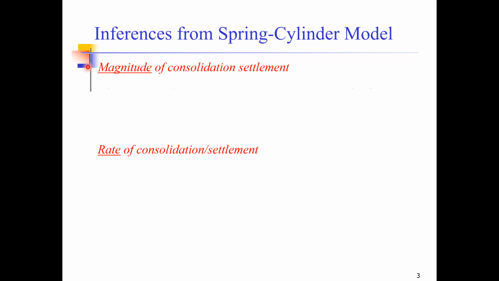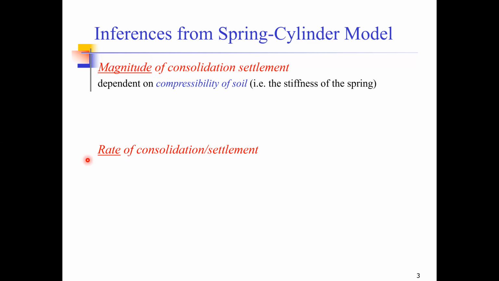The total magnitude of consolidation settlement basically depends upon the compressibility of the soil. That is, if we talk in terms of the spring cylinder assembly, what is the stiffness of the spring? The stiffer the spring, the lesser the magnitude of settlement, and the softer the spring, the more the settlement. In the same way, for the particle-to-particle matrix, the higher the stiffness of the soil, the lesser will be the magnitude of consolidation settlement, and vice versa.